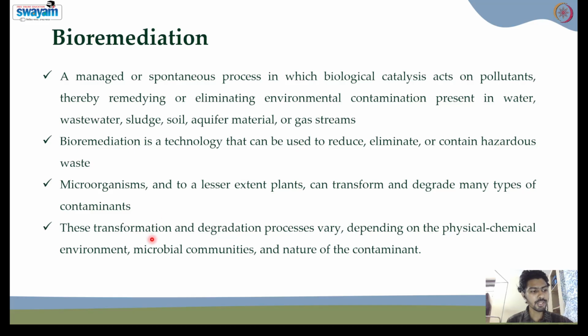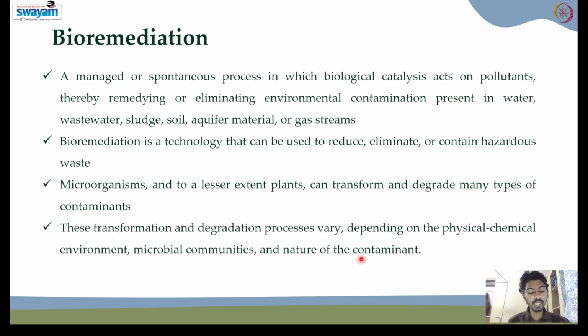And this transformation and degradation process can vary depending upon the environmental conditions. And what are the environmental conditions? It can be the physical and chemical environment, which means factors like temperature, pH, or oxygen level. It also depends upon the microbial community that is present in the particular environment.